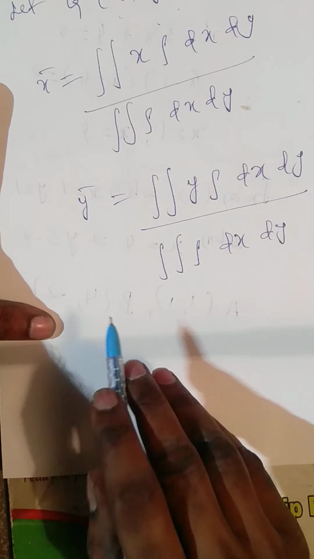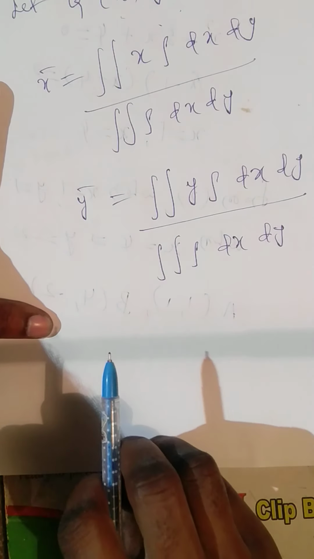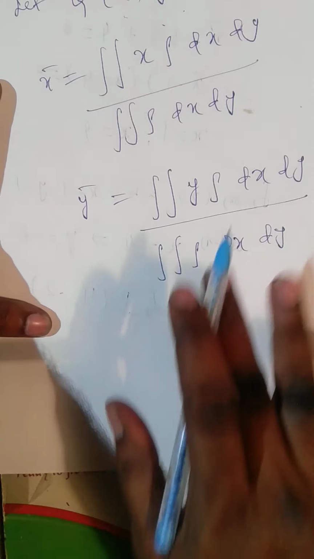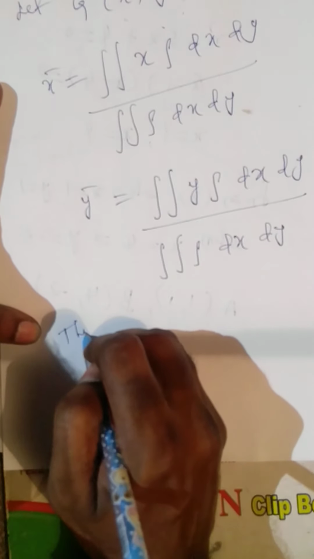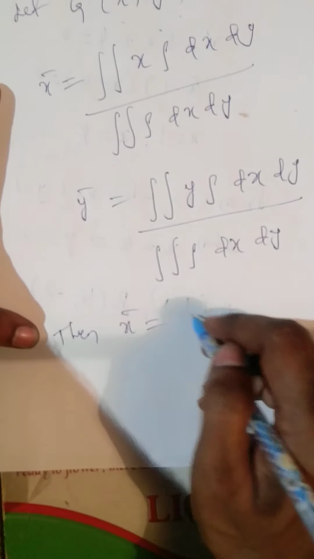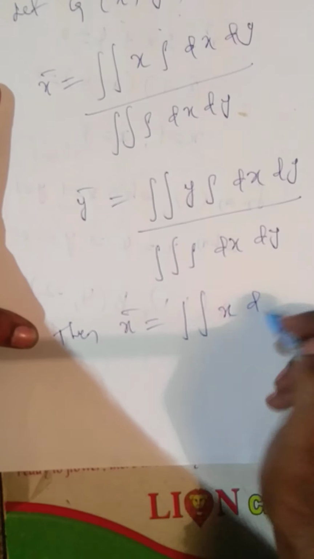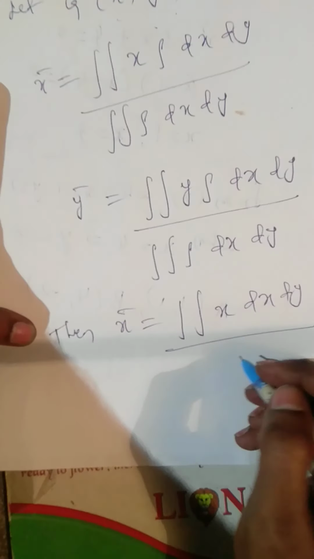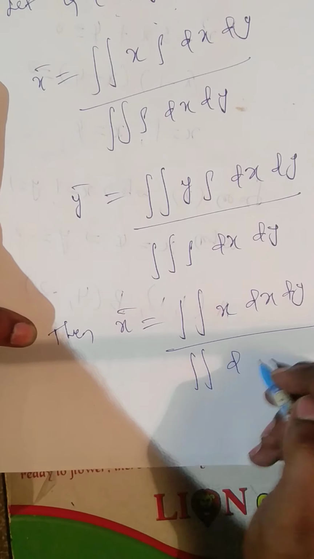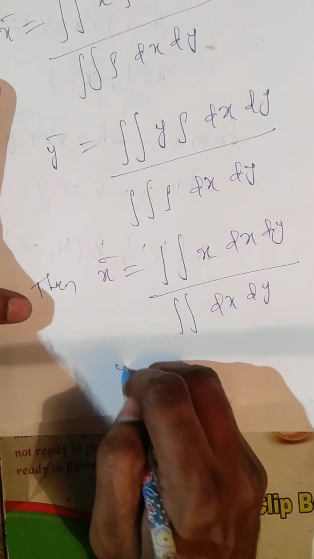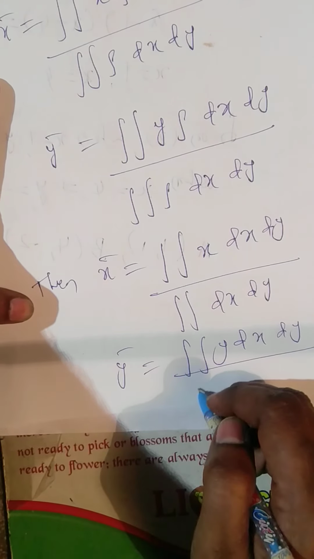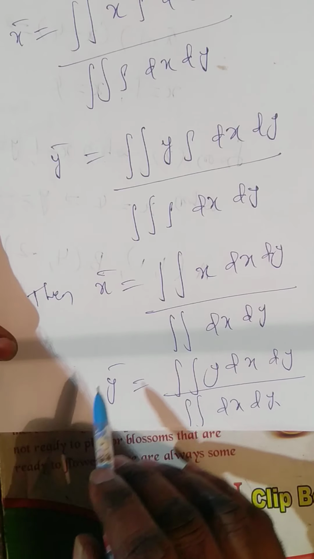So if we consider uniform density, then x bar equals double integral x dx dy by double integral dx dy, and y bar equals double integral y dx dy by double integral dx dy. So now we can find x bar and y bar here.